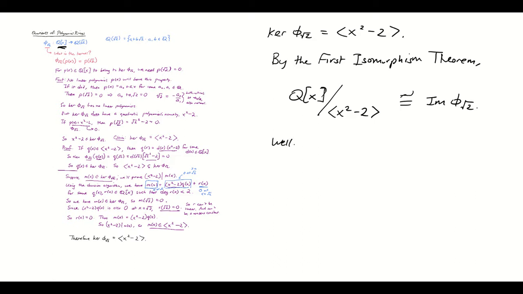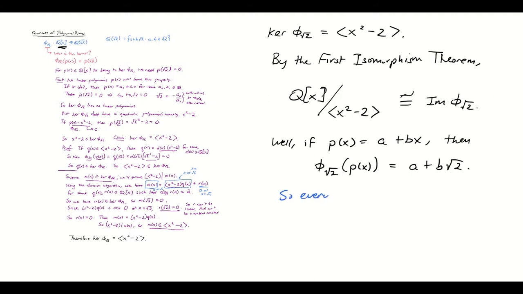Well, if p of x is equal to a plus bx, I'm just using a simple linear polynomial, then phi sub square root of 2 of p of x is equal to a plus b root 2. So this is just a fancy way of saying that this phi sub square root of 2 can hit every element of Q adjoin root 2.